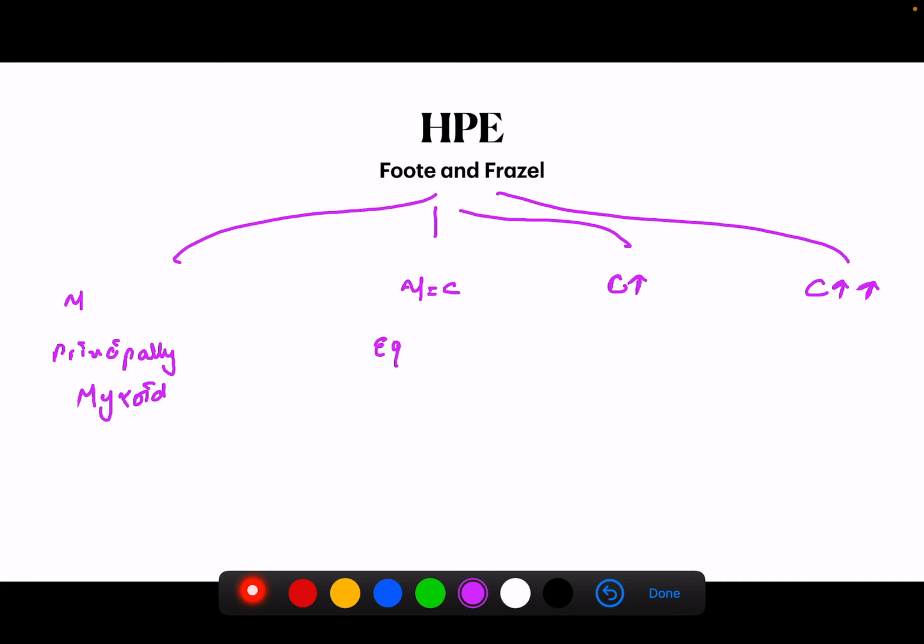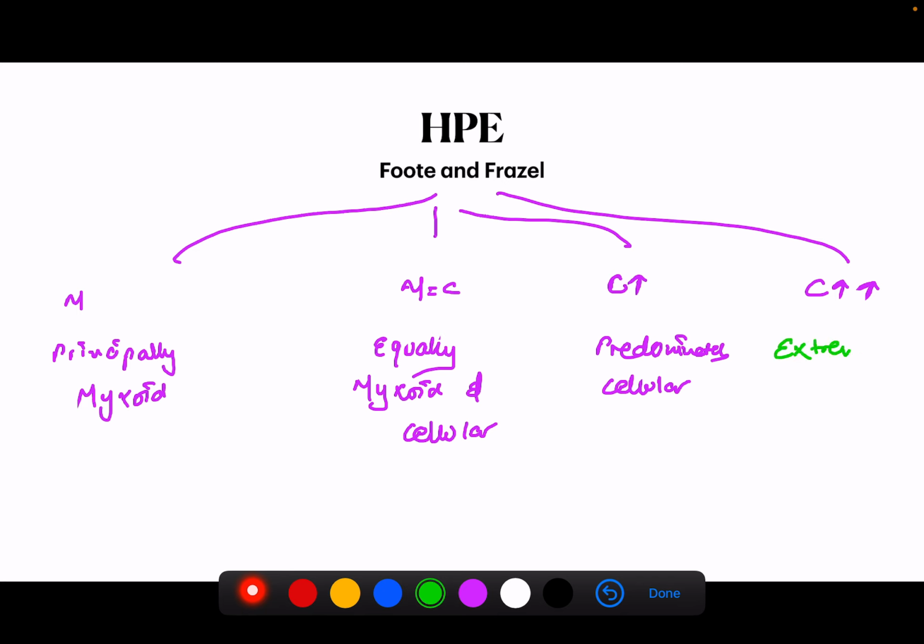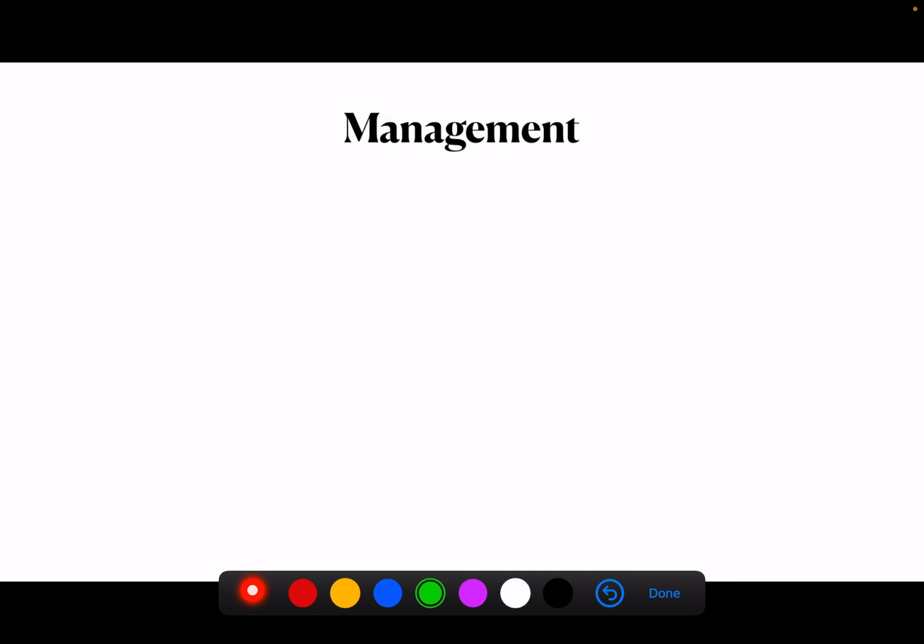In the second, it will be equally myxoid and cellular. The third one is predominantly cellular, and the fourth one stands for extremely cellular. So the contents will be extremely cellular for the fourth category.